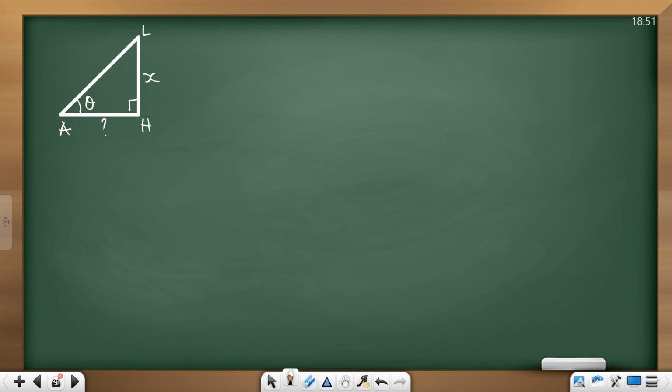You know which one is the hypotenuse. You get your free marks here. In terms of x and theta, just work out AH.